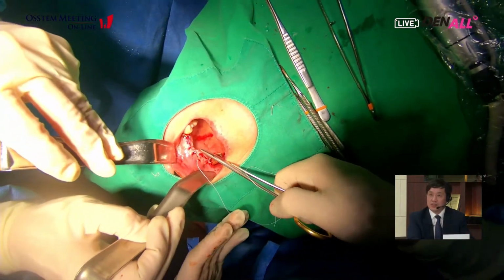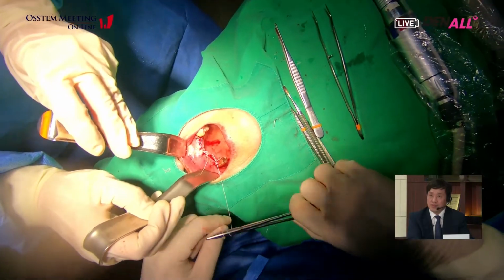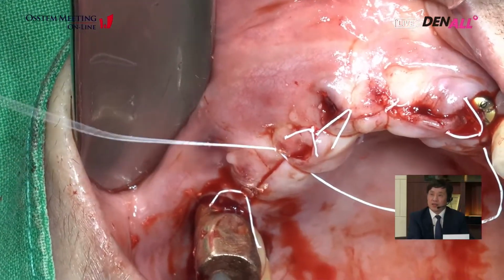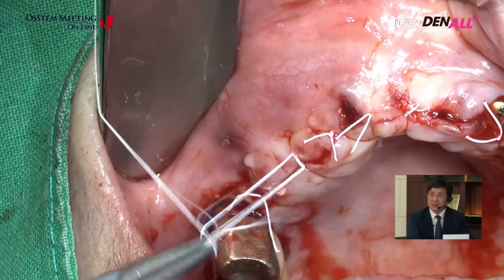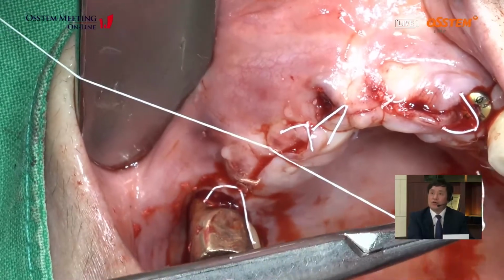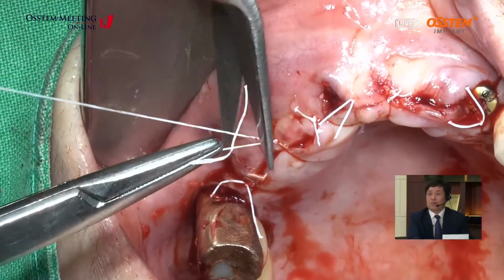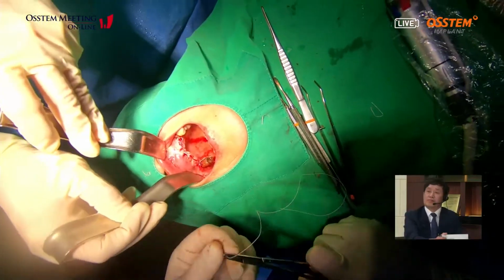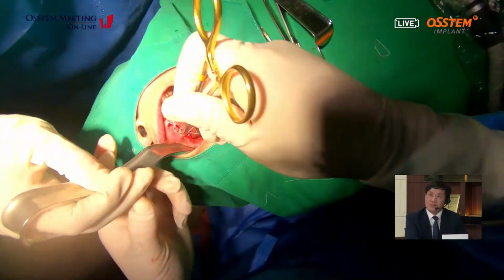And then I will do a horizontal matrix suture for wide surface contact between the buccal and lingual flap. Yeah, he did a horizontal matrix suture on the right side for good approximation of the flap. The key suture was done with a simple interrupted suture.